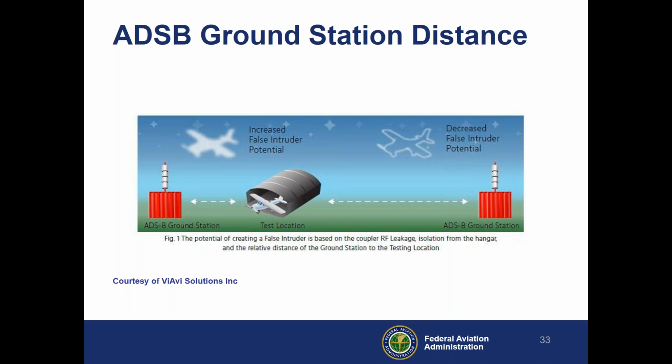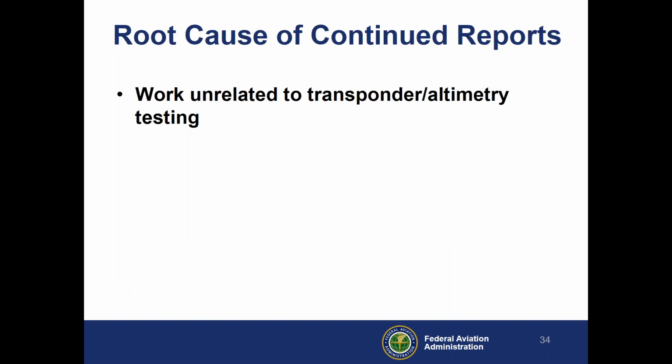And this is just a slide that shows the closer you are to a ground station, the higher the chance is that you're going to be detected and rebroadcast. Sometimes work unrelated to transponder testing is being done, but the transponder is turned on.